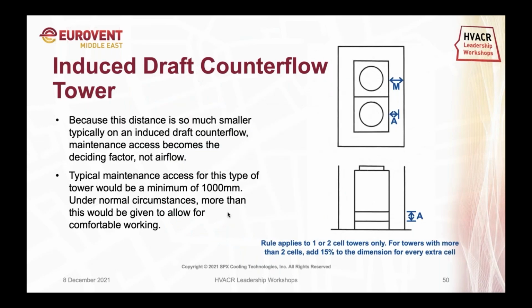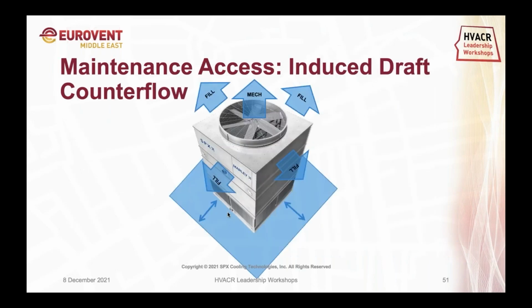Now, for the counterflow, the same spacing and clearance need to be considered, right? The difference is that in the counterflow, you need to have it from 4 directions since you have 4 air inlets, right? And the maintenance access also. You need to have clearance and spaces around the cooling tower from 4 different directions because the fills are distributed evenly around the cooling tower, and you need to have that space for 2 reasons.